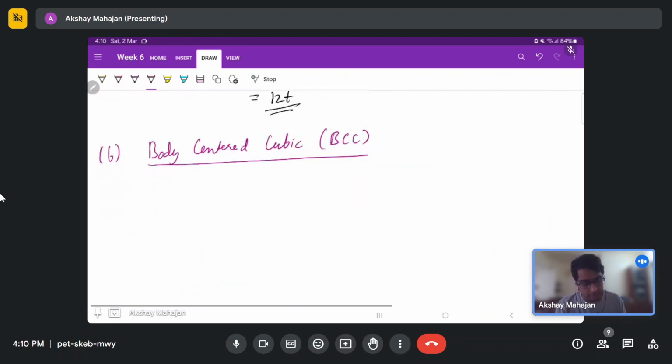Alright, so for this we have to solve, and again here we have 8 nearest neighbors.